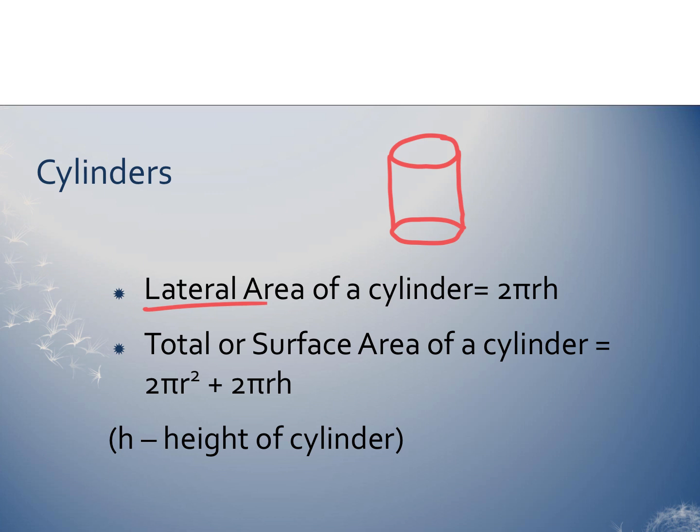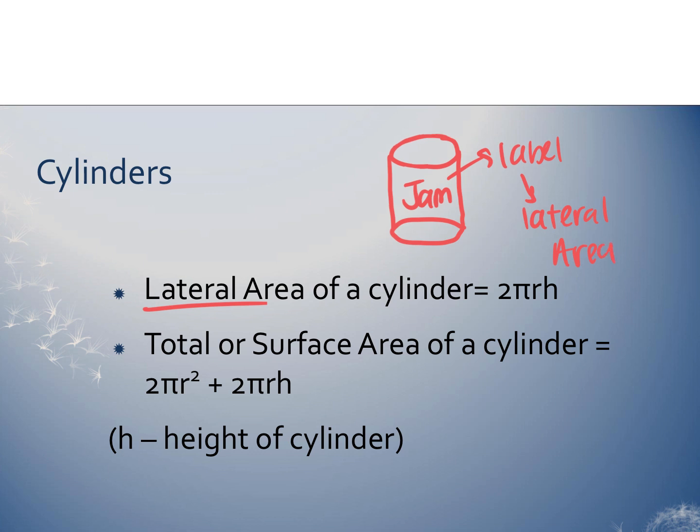Where do we see that shape in real life? What kind of jar? Jam jar? Okay, let's label this jam. And let's say this jam jar had a label that went all the way around the jar. The label that goes all the way around your jar is your lateral area.